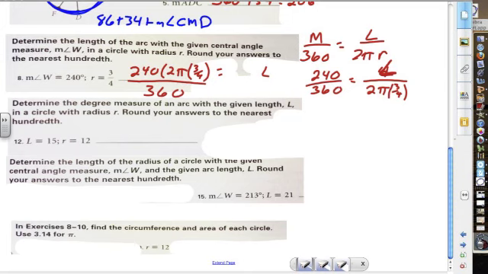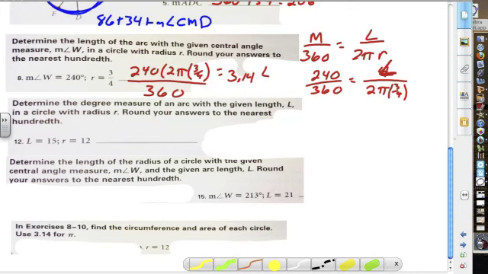And I really would recommend using the whole pi on that. And I get my answer to be 3.14. Okay, so the length of my arc there is that.